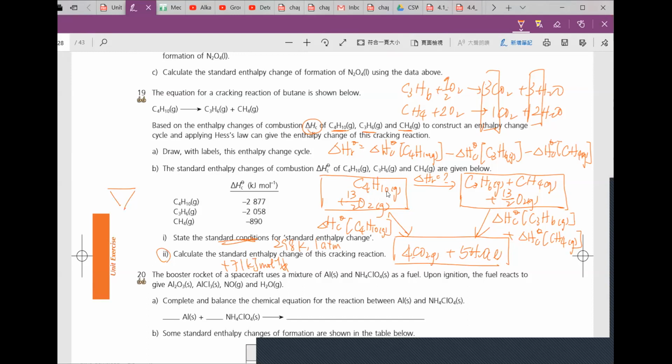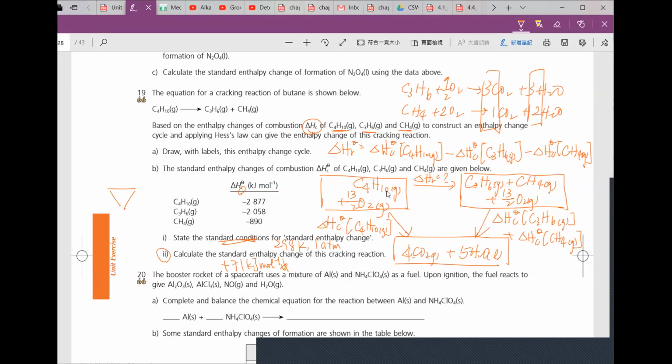No matter it is cracking, we just say cracking, but all those enthalpy terms are just combustion. So the delta H of reaction is calculated as the delta H of combustion of this reactant, minus the summation of the two products.